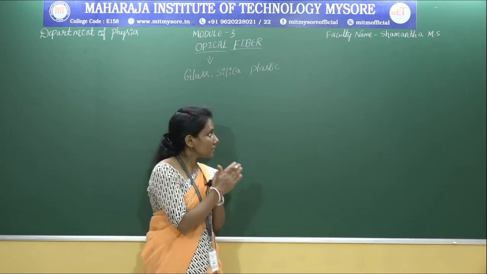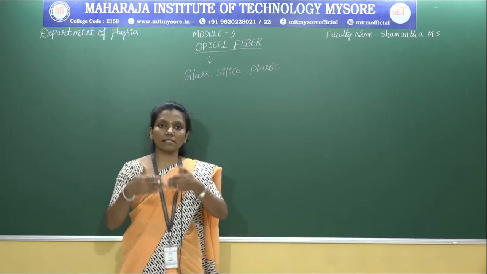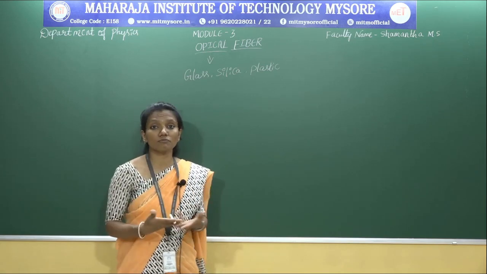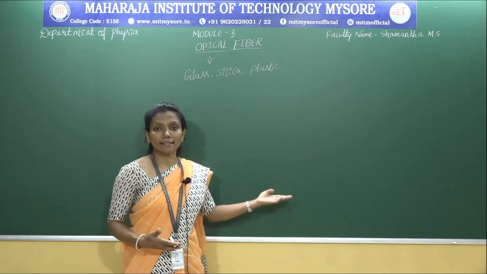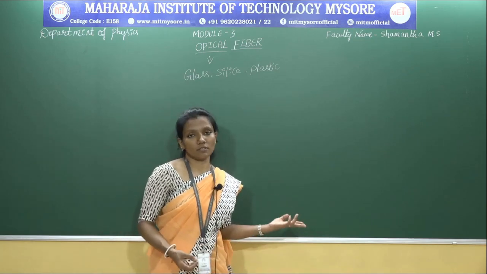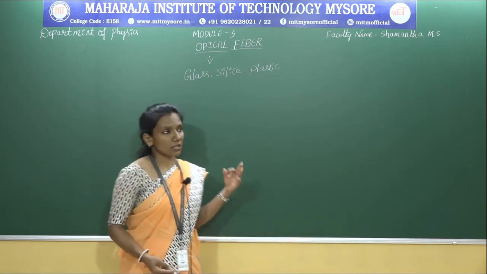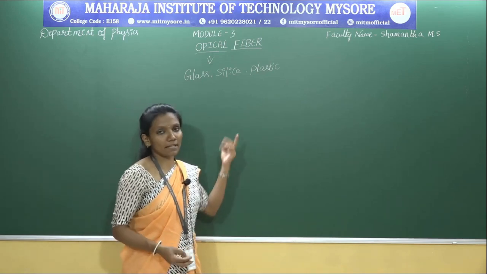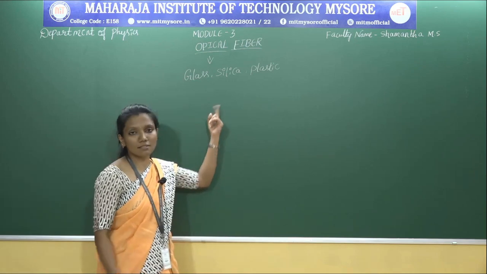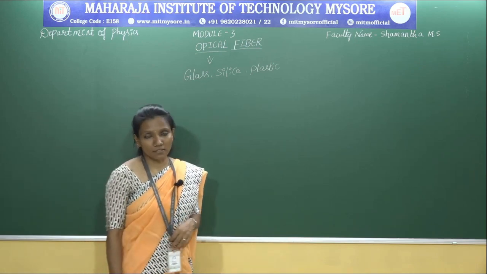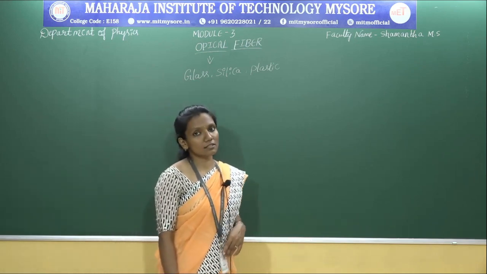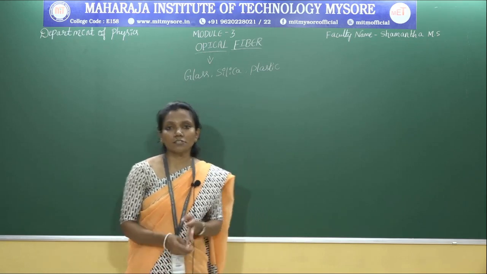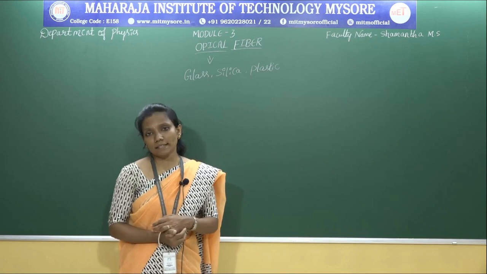It helps to transfer information from one end to the other without any loss of signals. That is why nowadays, instead of metal cables and wires, we are using optical fiber. It has wide application in engineering and applied science.